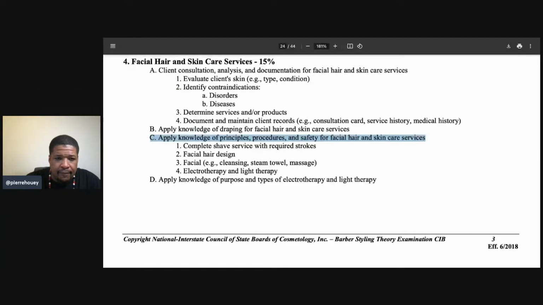All right. Let's see. We're going to talk about razor positions and razor strokes, and then we will conclude from there. But let's go here for a second. So that counts for number 1, Part C of Part 4: complete shave service with required strokes.